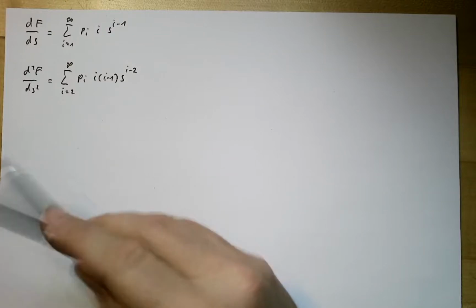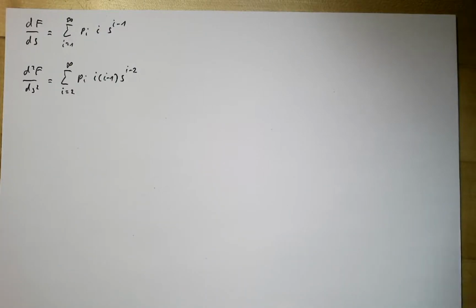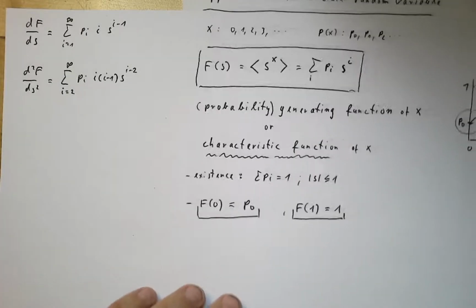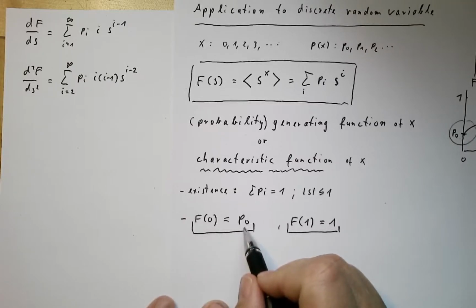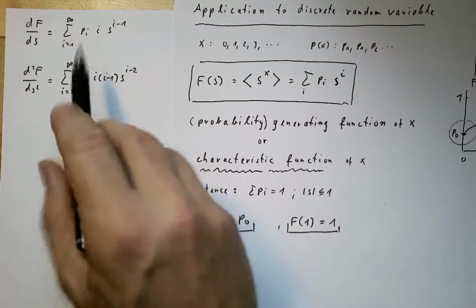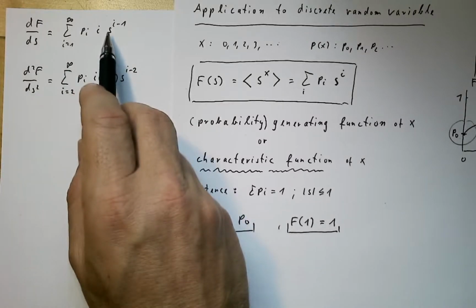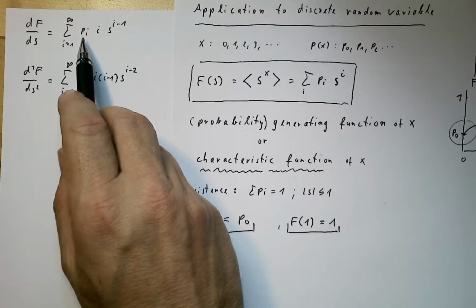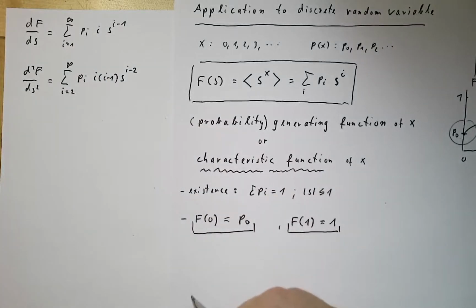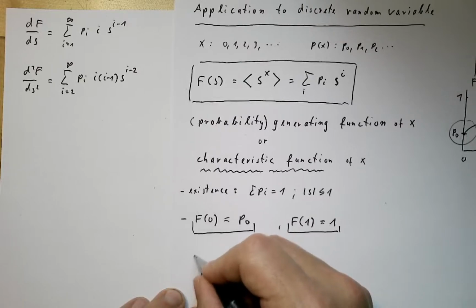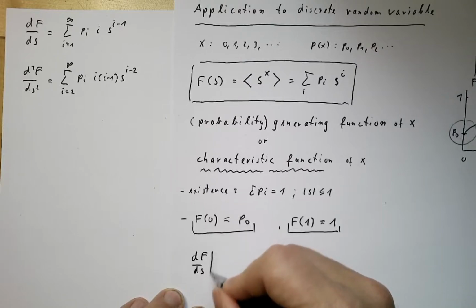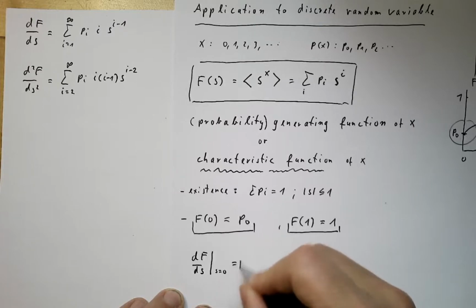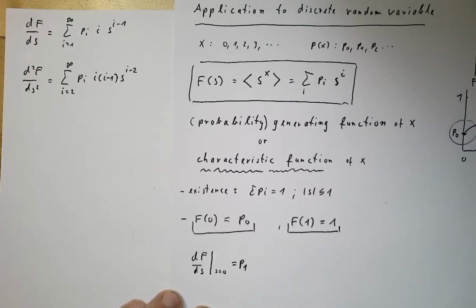Now with a very similar argument, as before, where we said that F at position 0 is p_0: if we take the first derivative at s equals 0, we see only p_1 remains. So this means that if we take the derivative of our function at s equals 0, we obtain the second value.